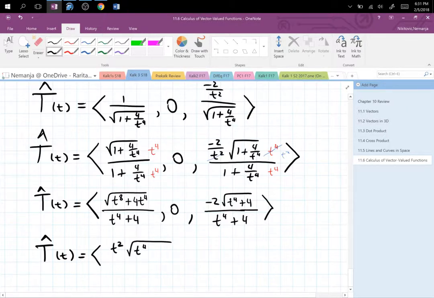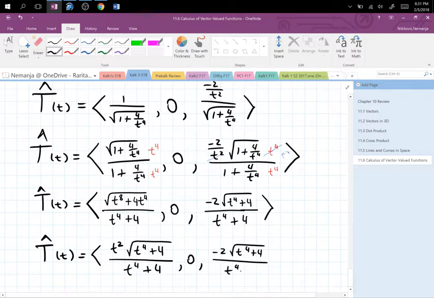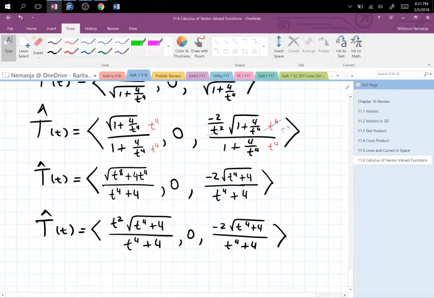And then t to the 4 plus 4 divided by t to the 4 plus 4. 0, negative 2, t to the 4 plus 4 over t to the 4 plus 4. Yay. There it is.